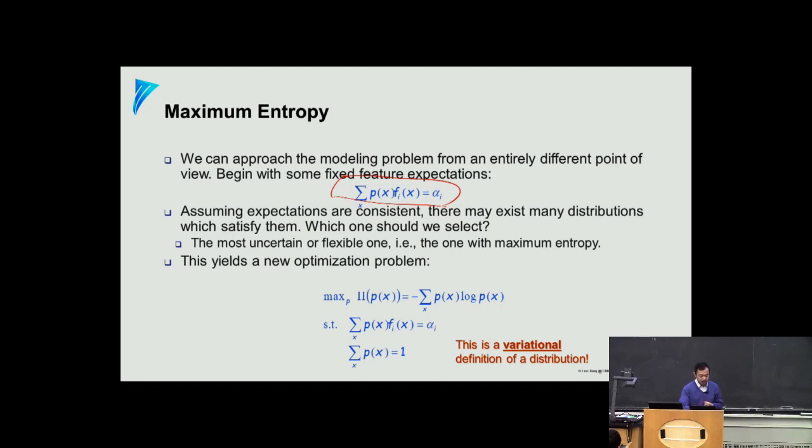First, the distribution, when I use it, has to match my constraints defined by data. Also, it has to be a proper distribution. It has to normalize to one. And then, other than satisfying all this, I want the distribution to make the least assumptions about the world.